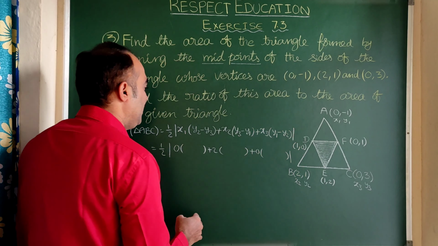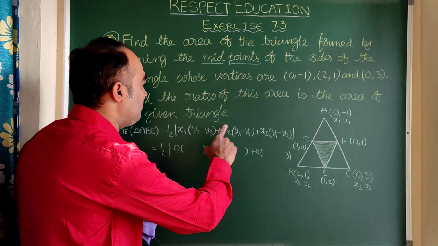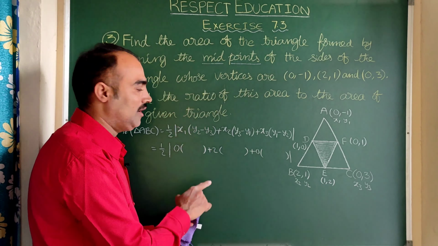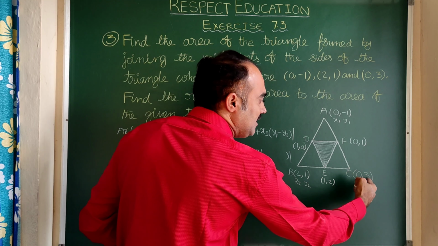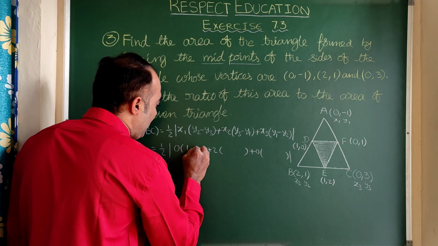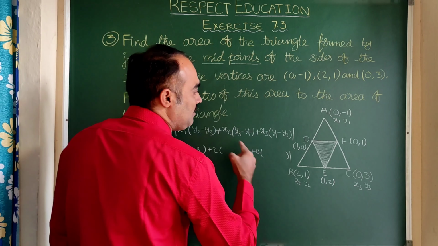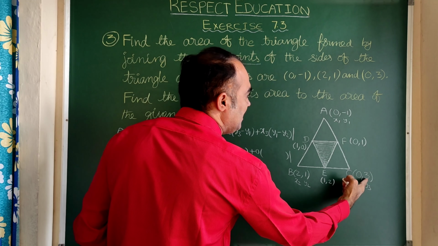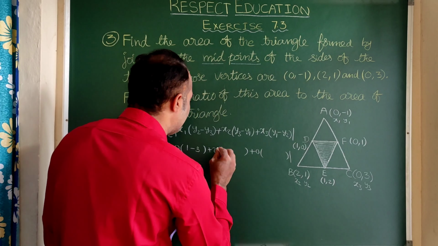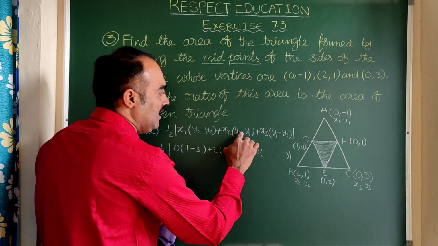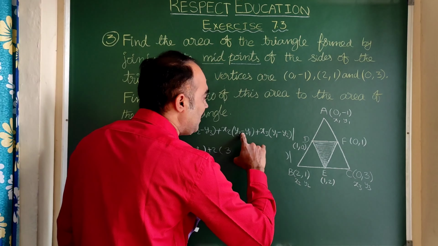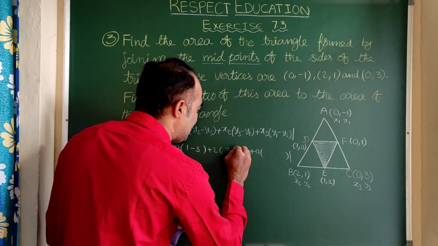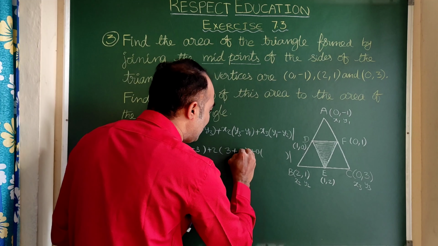Okay, now I am going to substitute y1, y2, y3 values according to the formula. y2 minus y3, here you see y2 is 1, y3 is 3, so it is 1 minus 3. Next y3 minus y1, y3 is 3, minus of minus 1. See, y3 is 3, y1 itself has minus, this minus into this minus becomes a plus, so minus 1 becomes plus 1.